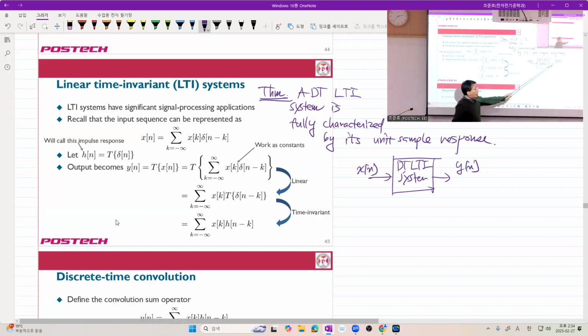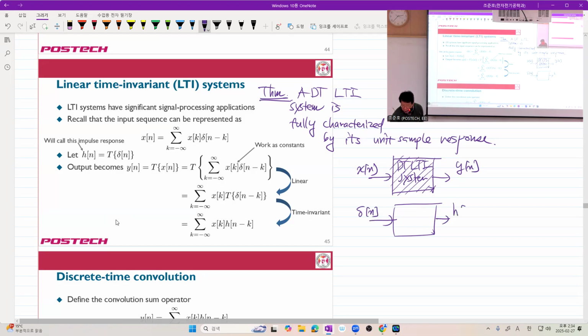This input-output relation, the mapping rule, we don't know what it is. It could be an accumulator, it could be a moving average, right? We don't know, but in order to fully describe what this mapping rule does, you just need to do what? You apply the unit sample function and observe its output.